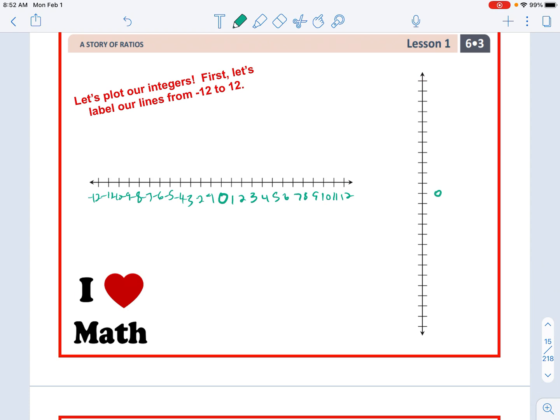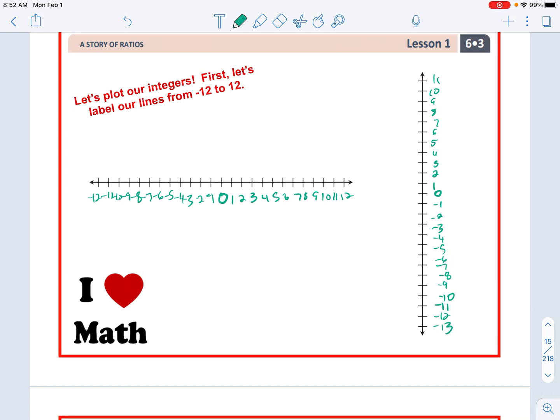I'm just labeling. I didn't get it quite in the middle, but that's okay. And there I have it.